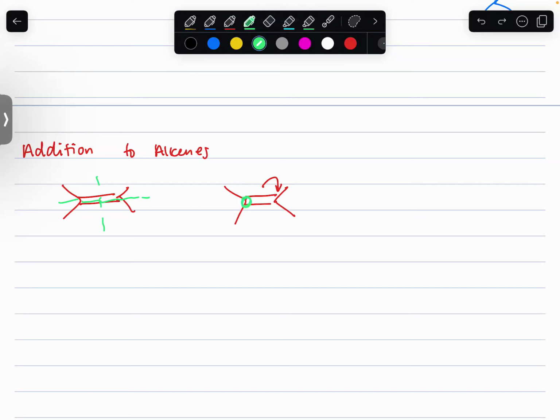We'll say this is carbon A, and this is carbon B. The electrons are equally as likely to end up on A as B. This isn't a great example because they're too symmetrical. So let me change this a little bit.